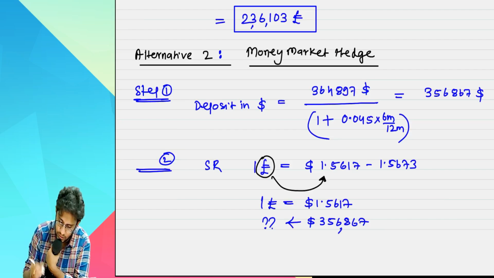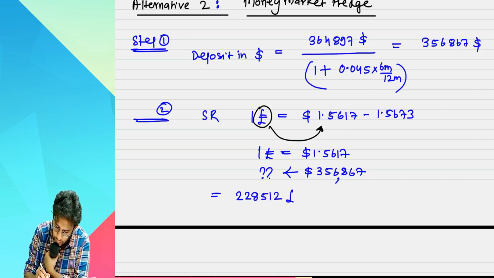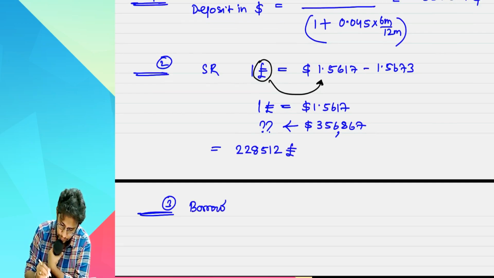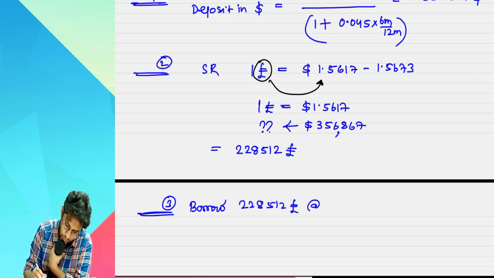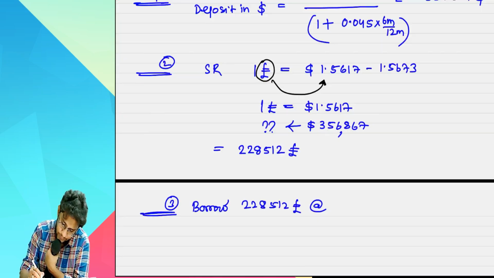You are right. Tell me this number: how much amount is required? 220. This much money is required. You don't have that money, so you will borrow. UK borrowing rate 7% per annum, 6 months.